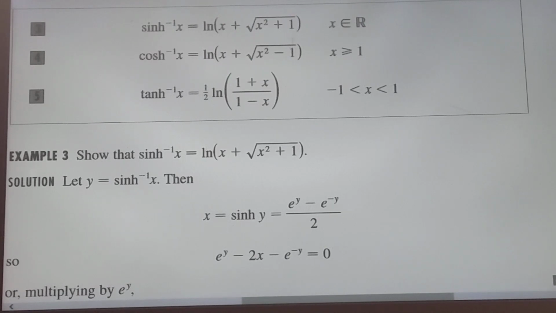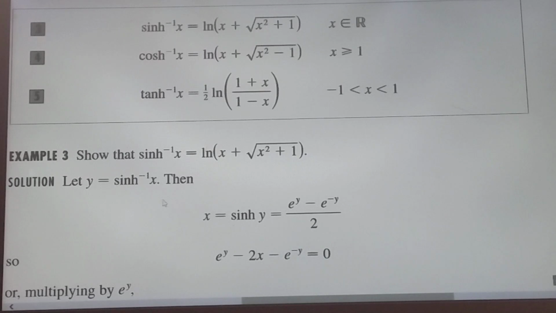So first we are going to say let y equal the inverse of sinh x. So this is an inverse hyperbolic function, that is y. So you want to put y to look like ln of x plus root of x squared plus 1. So that is our main objective here.